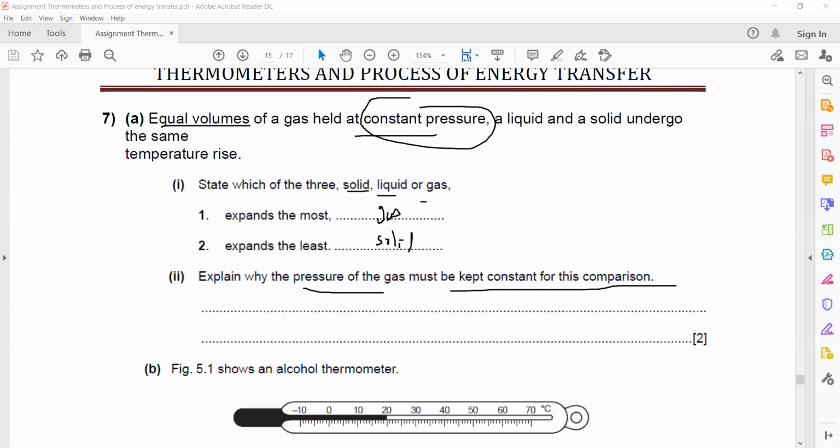A change in pressure can also cause a change in volume. Yes, changing the pressure masks the effect of the increase in volume.